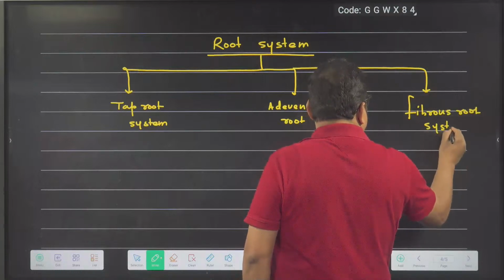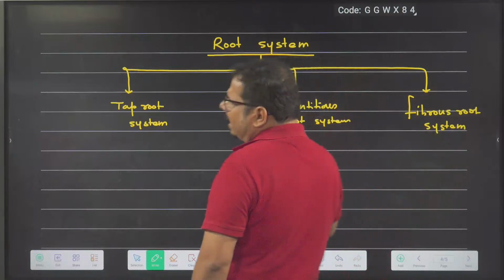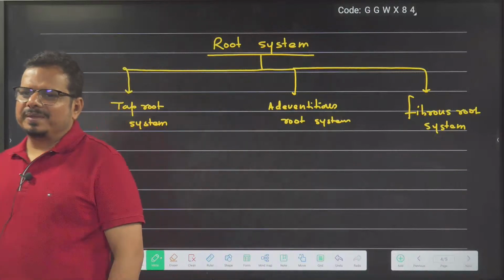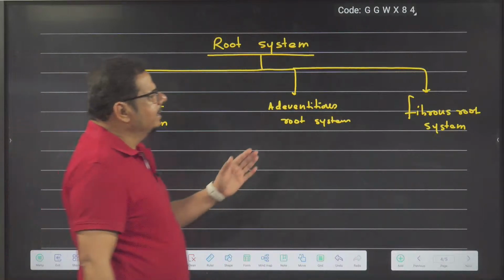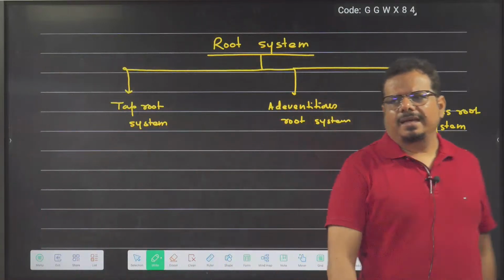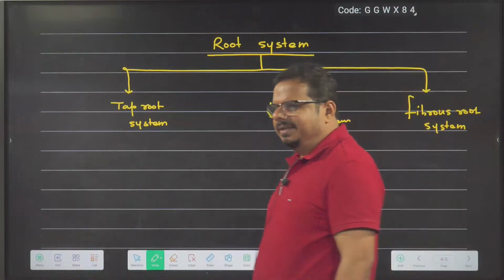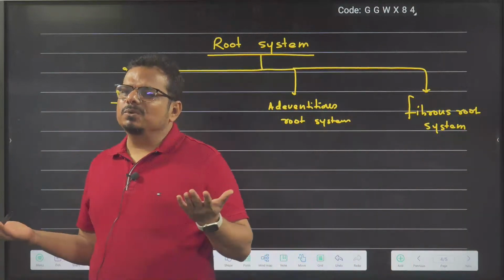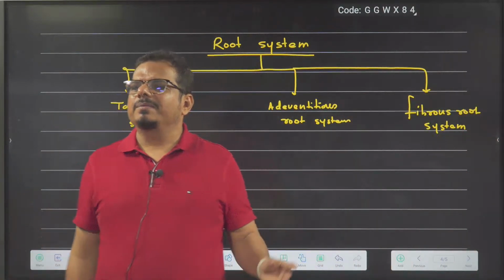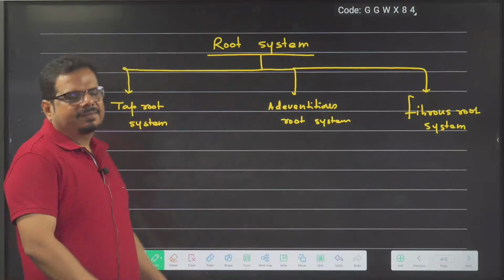Fibrous root system is basically a type of adventitious root, but NCERT wrote it separately, so I am also writing it separately. Otherwise, root system is of two types, tap and adventitious.